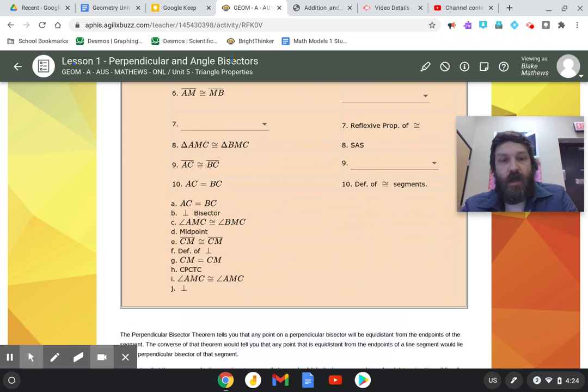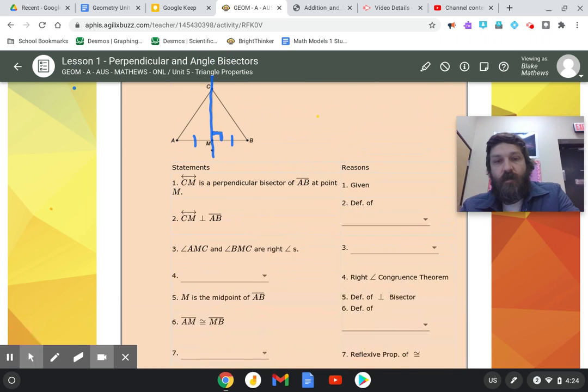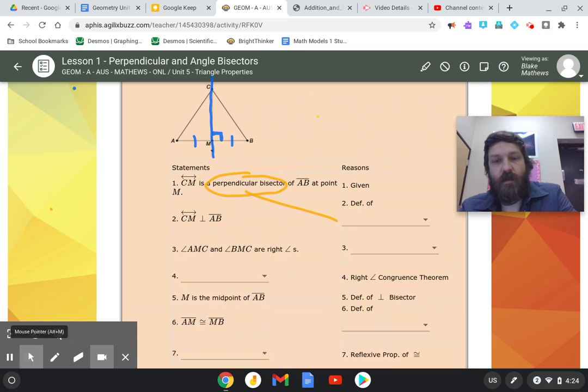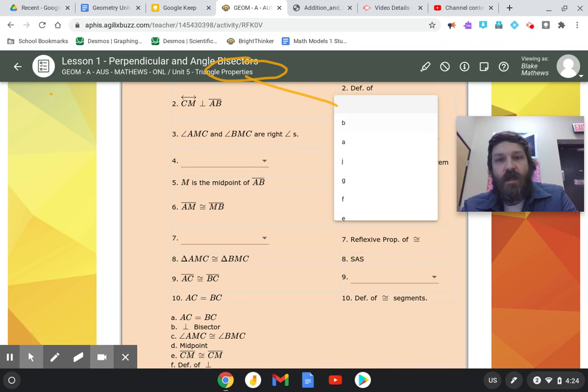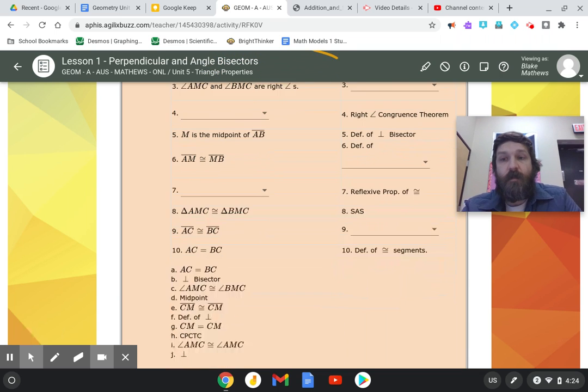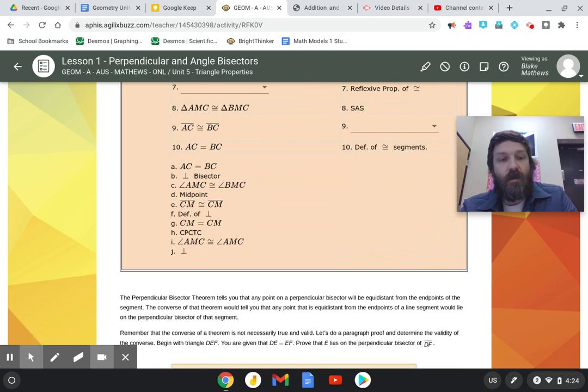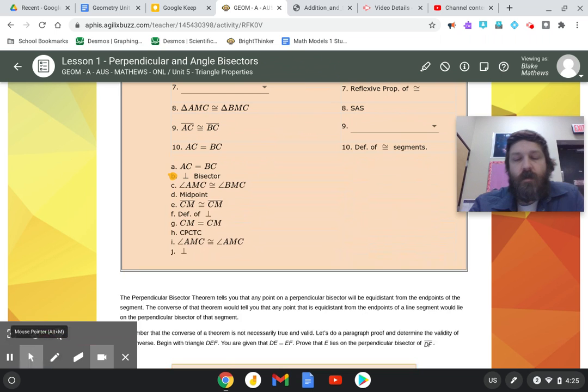So that's going to be answer choice B. So we're taking the definition of this right here, and that's going to be what we get here. Definition of perpendicular bisector, which is answer choice B. I'm not sure if your answer choices will be the same, but you need to follow along. So that's perpendicular bisector for the second question.